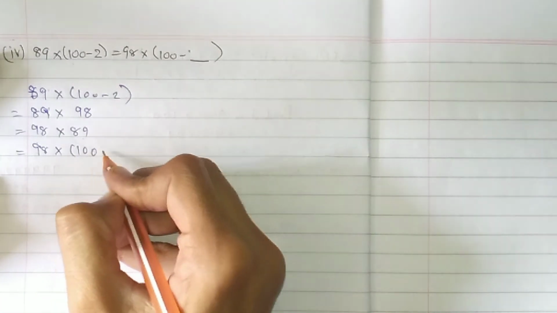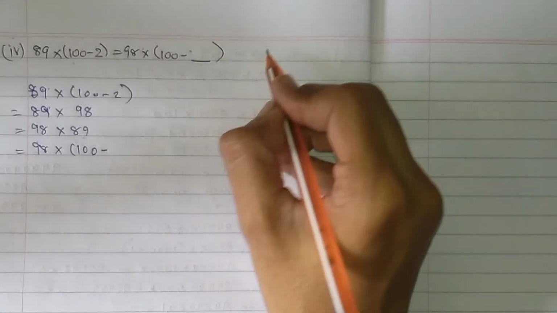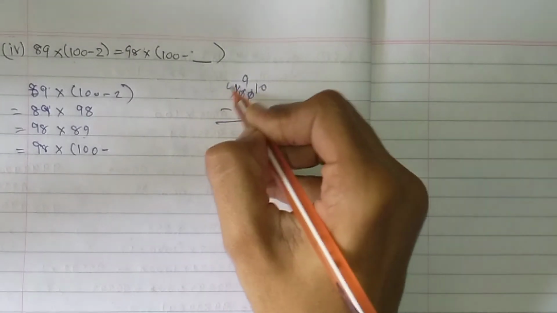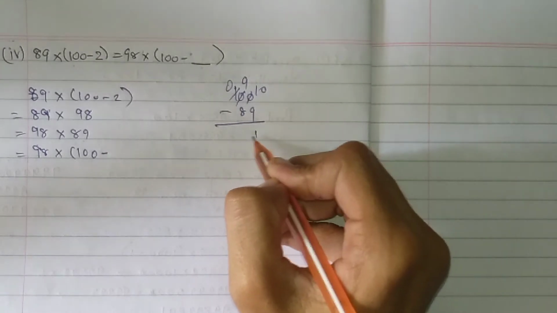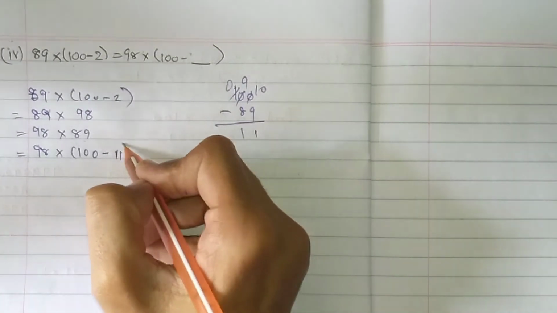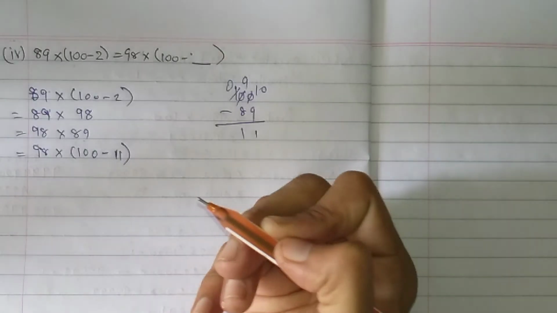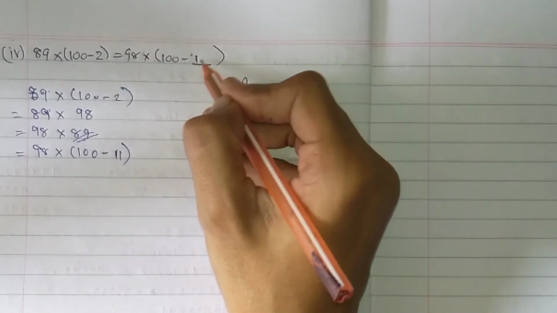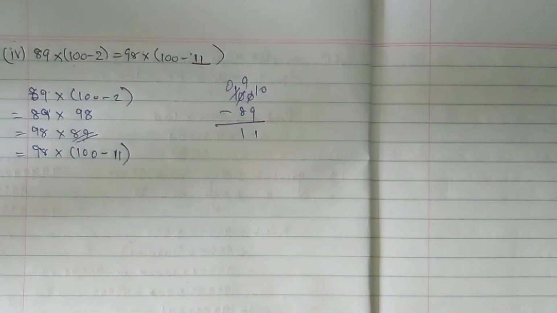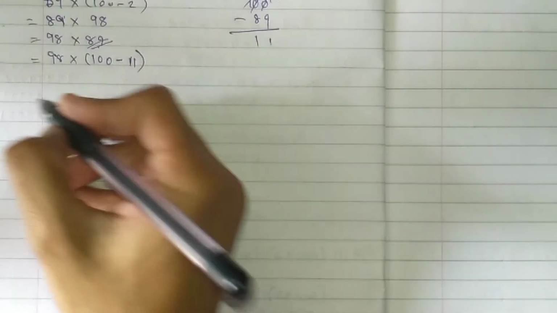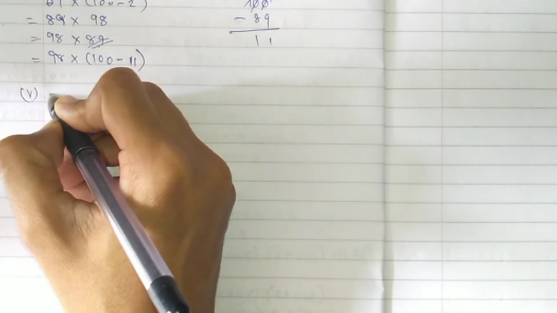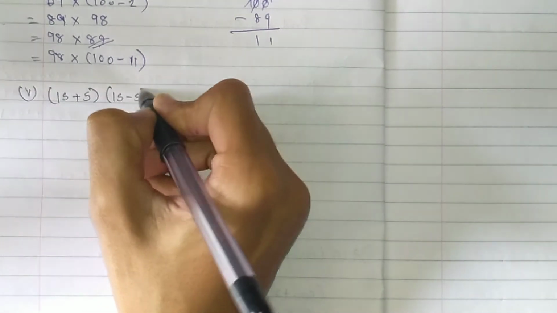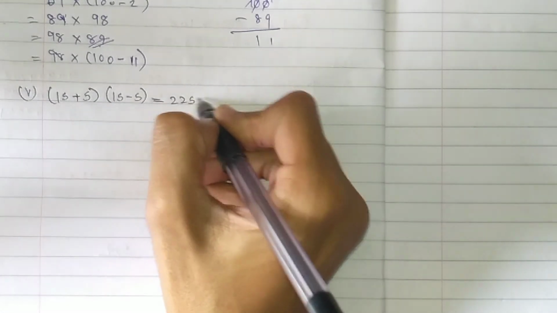We have 100 minus, 100 minus 89, so 10 9 0, 10 minus 9 is 1, 9 minus 8 is 1, 11. So 100 minus 89 is 11. Got the answer? So 98 multiplied by 100 minus 11. Okay, now the fifth one, 15 plus 5, 15 minus 5 equal to 2 to 5 minus dash.